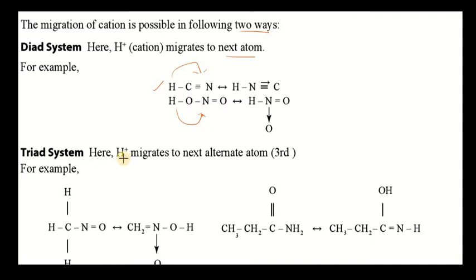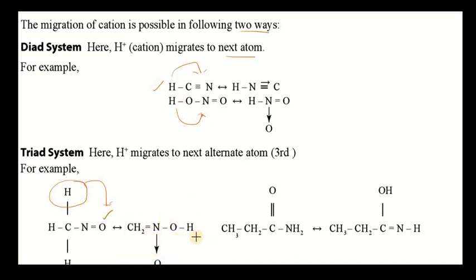Triad system. Here H plus migrates to the next alternative atom. That means a little distance is there here. So here carbon is there, and hydrogen is shown here. The next alternative atom, you see, is oxygen. If this hydrogen goes to this oxygen, then a double bond is established between carbon and nitrogen.